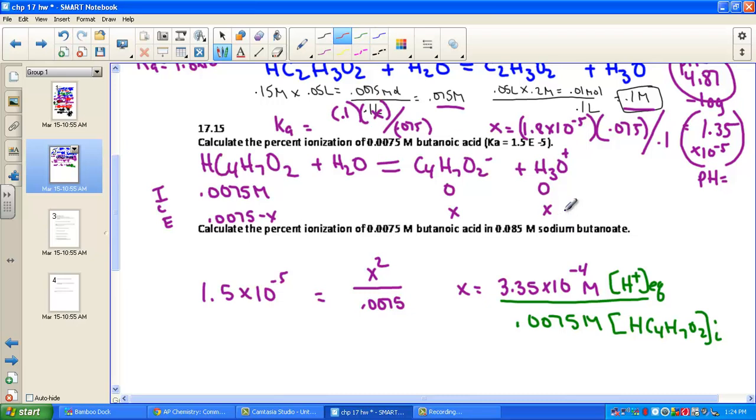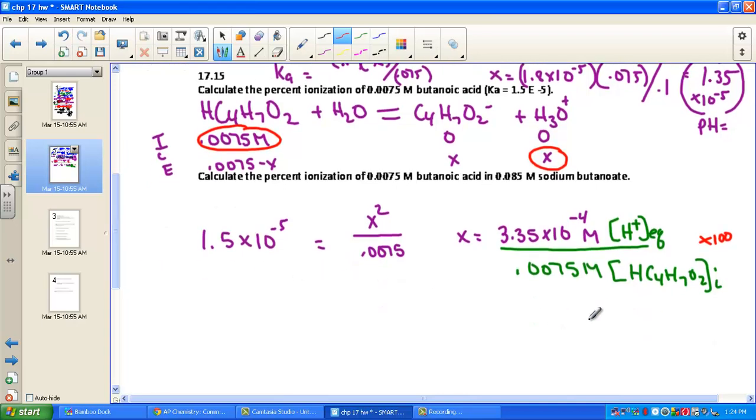Just keep in mind, we're stressing here percent ionization: the hydrogen ion at equilibrium compared to the initial concentration of the acid expressed as a percent. Divided by 0.0075 times 100, 4.47%, which does indeed lie within the acceptable range of tossing out the X. (4.47% ionization).